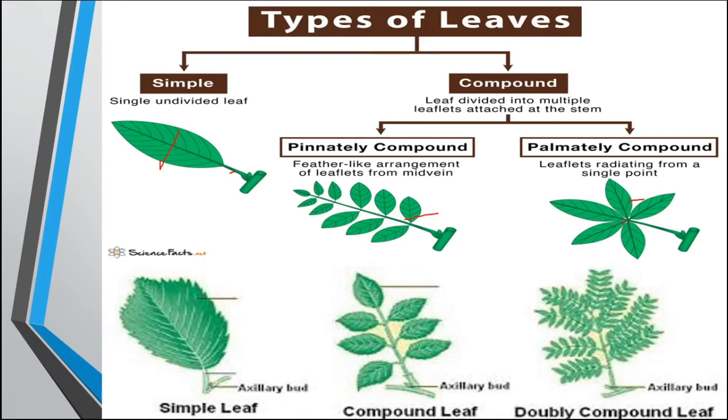Now this is the structure of the simple leaf. This is the axillary bud present in the axil. If the stipule is present, then the leaf is known as stipulate, and if the stipule is not present, the leaf is known as exstipulate. Now this is a double compound leaf and this is a double compound leaf. We can see the diagrams here and understand how the leaves are named.